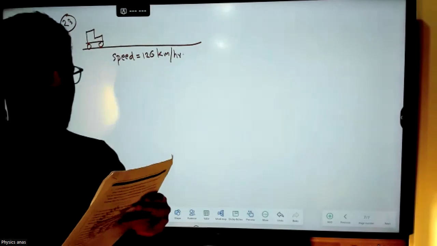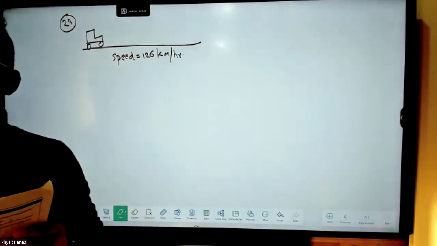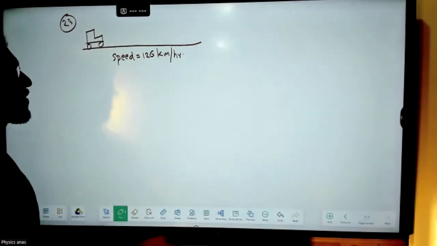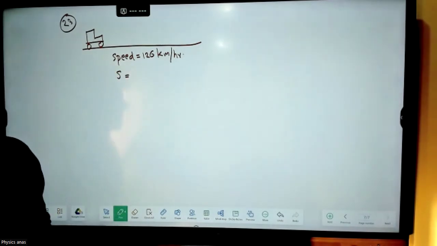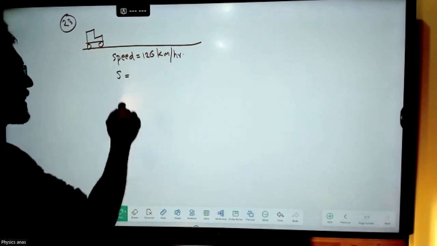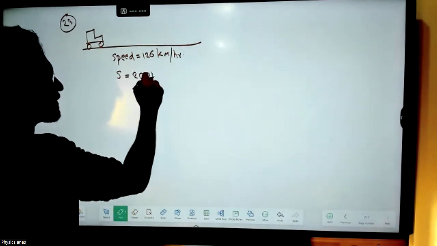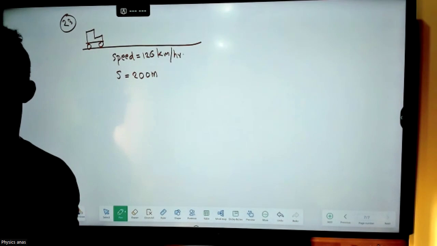I am just drawing a rough figure of that car. It is brought to stop within a distance of 200 meters. So in a distance of, I can take it as S, displacement, because this is a straight line. In a distance of 200 meters, it is brought to stop.